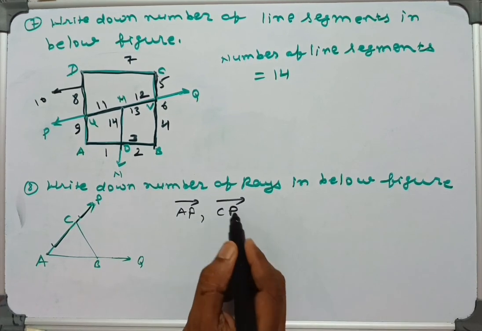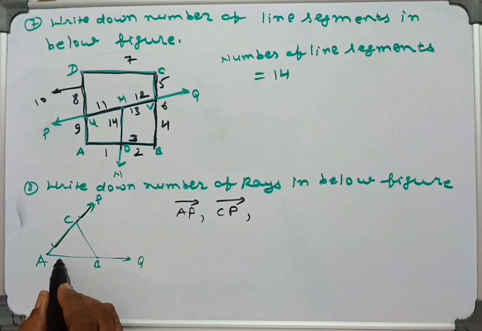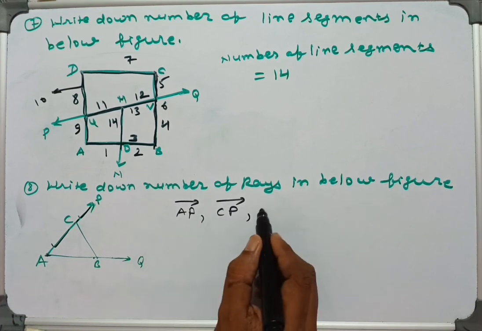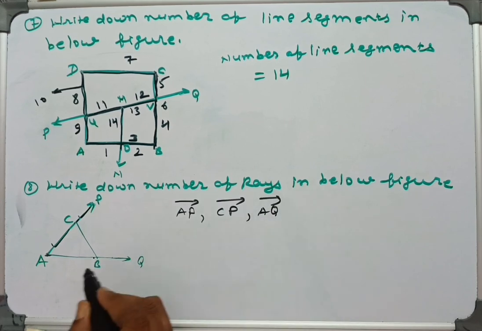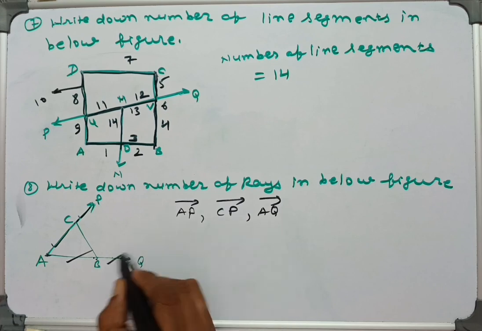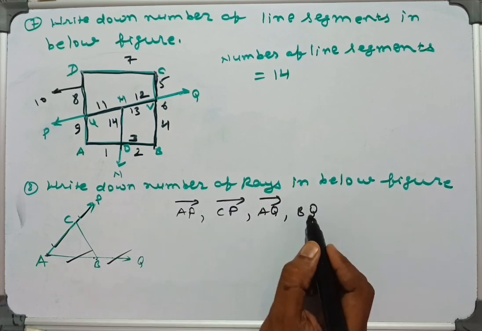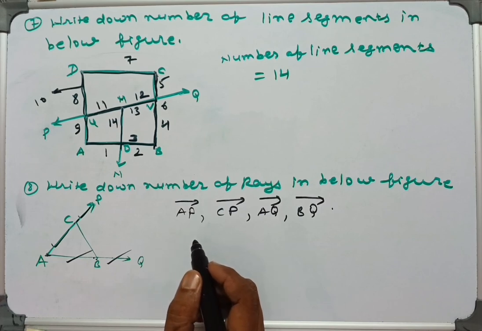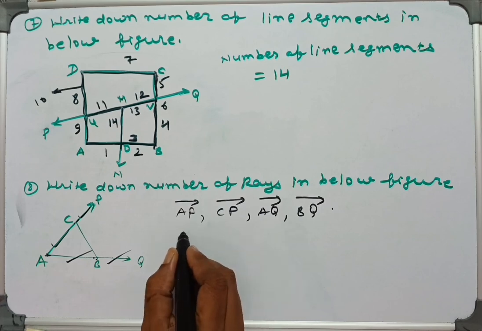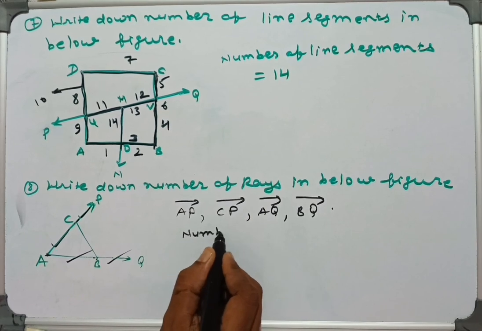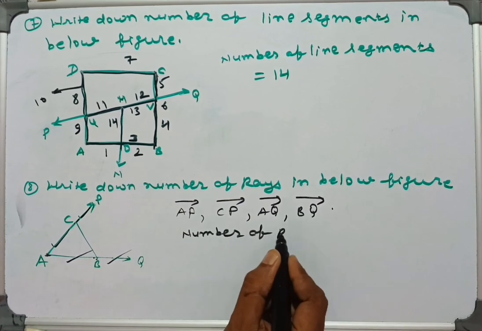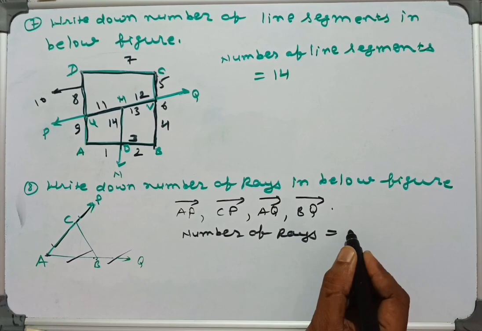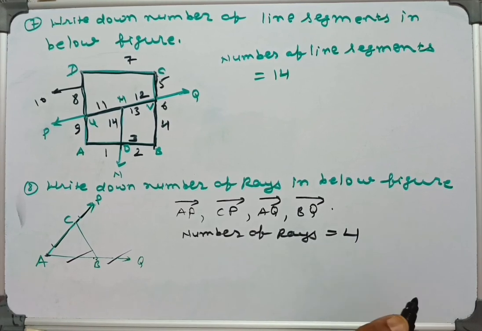Then the third one is AQ, AQ is also a ray, and BQ is also a ray. So the total number of rays in this figure is 4. The number of rays is equal to 4.